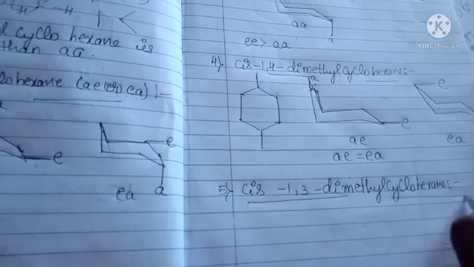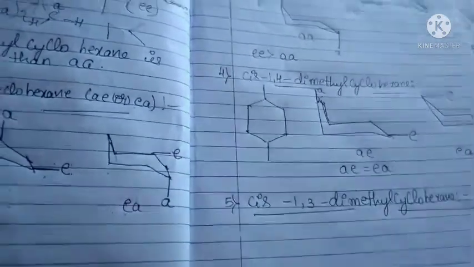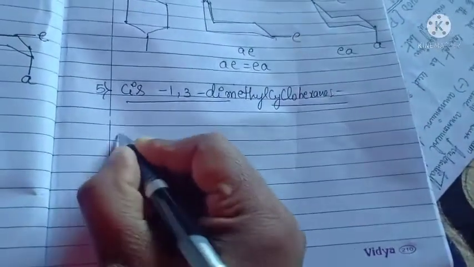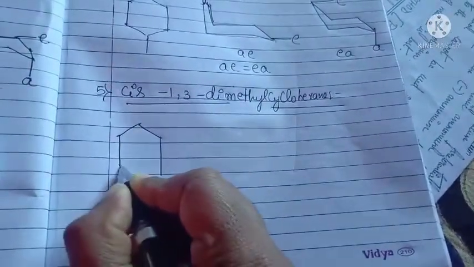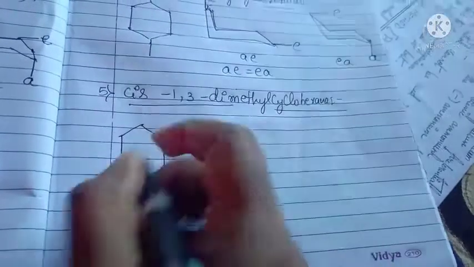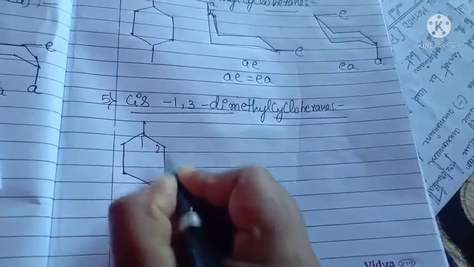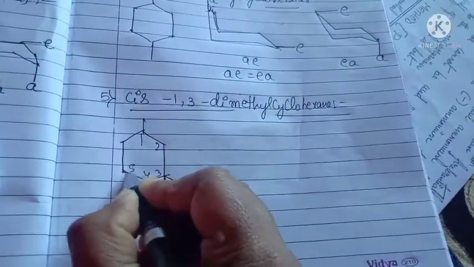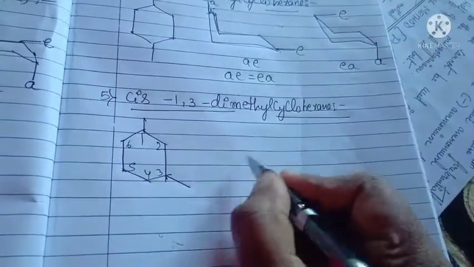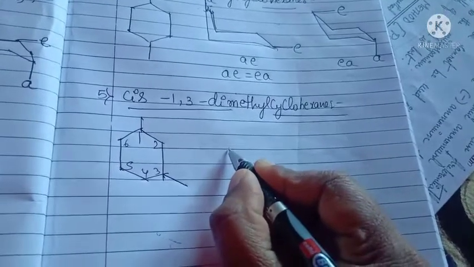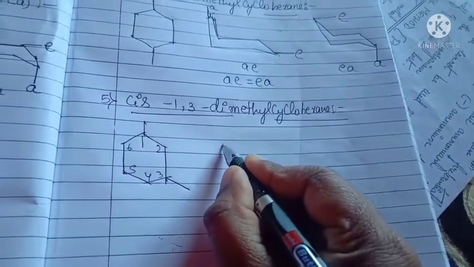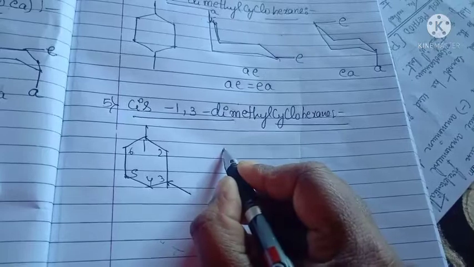Okay. Cis 1,3 dimethyl cyclohexane. In that, this is the 1 3, 1 2 3 4 5 6. Okay, and cis means AA and EE configuration.